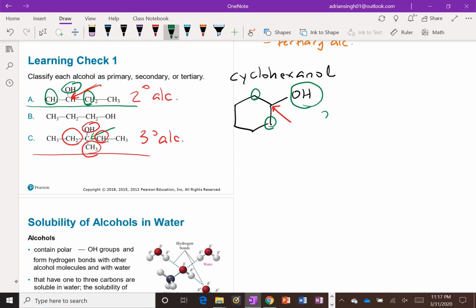So that then would be a secondary alcohol. We're looking to see how many other carbons this carbon here is directly attached to, even though the remaining part of the chain here actually completes a circle or a ring. We're just looking directly at what this is connected to. So one carbon and a second one would make it a secondary alcohol.